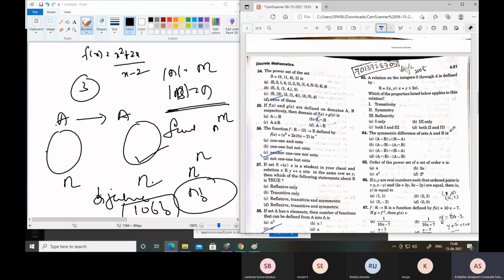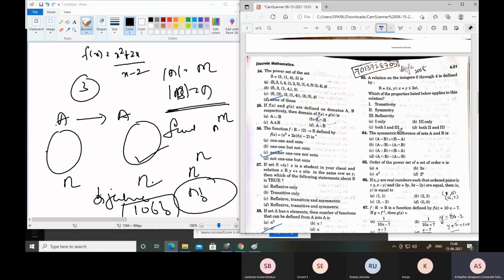Then next, some relation is given, defined on 0 to 4 like this. Which of the properties listed below applies to this relation? So I have to check this question, what does it satisfy?